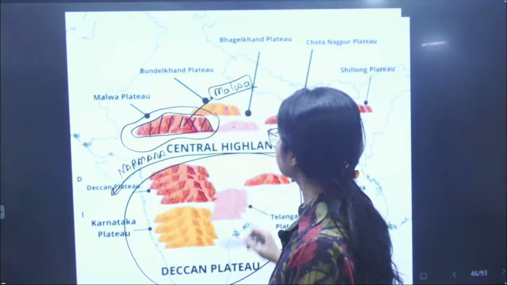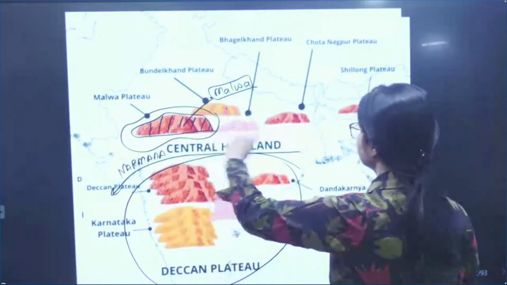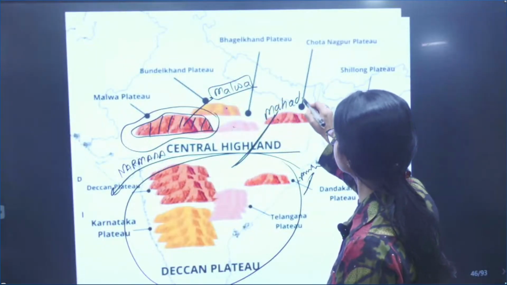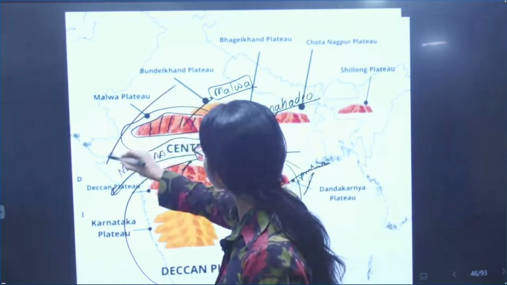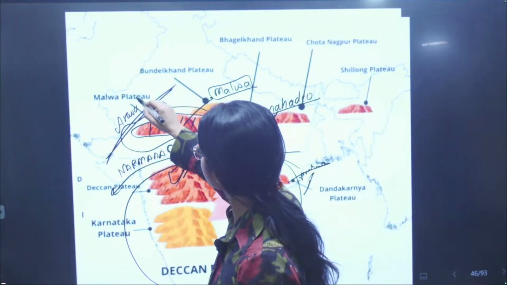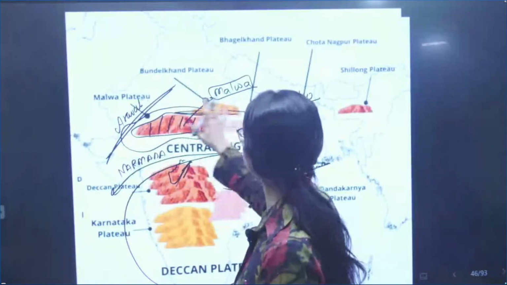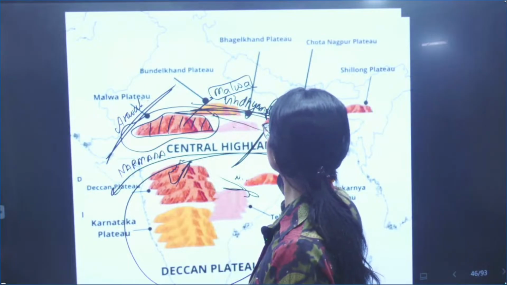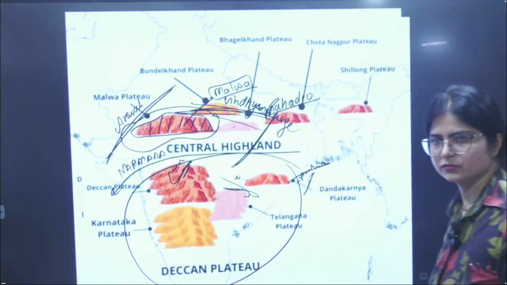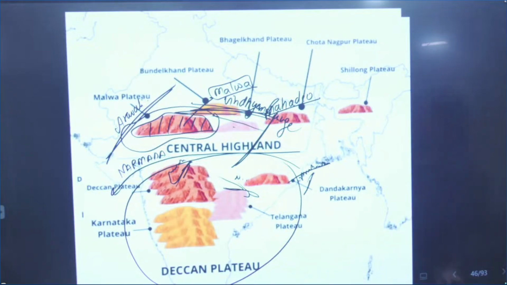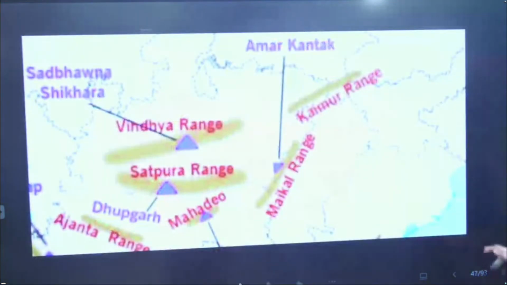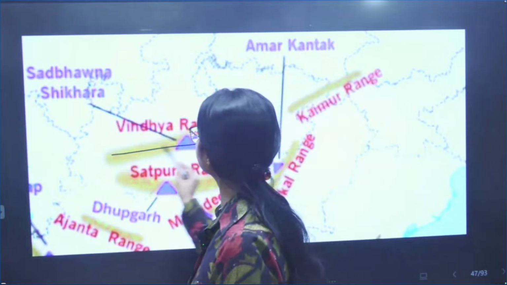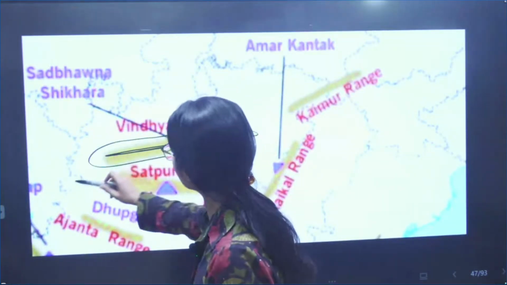Next point. This Central Highland Plateau is surrounded by the Mahadeo range in the east, the Aravallis range in the west, and at the center here you have the Vindhyan range. I'll show you the ranges now. Can you see the range here? So basically you could have written north for center.